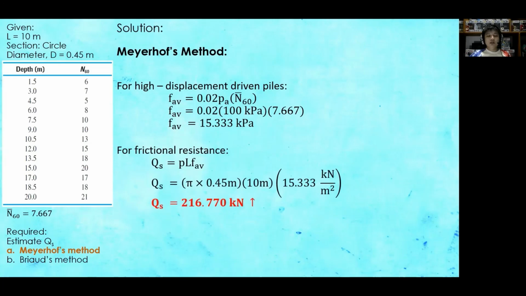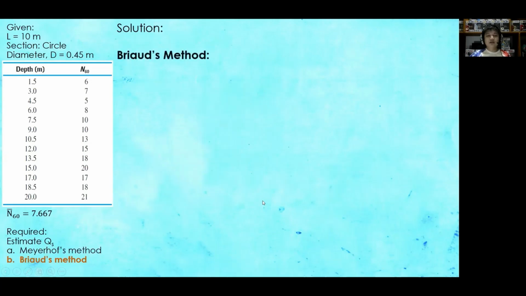The pile is circular in section, therefore the perimeter is pi times the diameter, which is 0.45 meter. And multiply this to the length, that is 10 meters. Therefore, Q sub S is 216.770 kilonewtons.